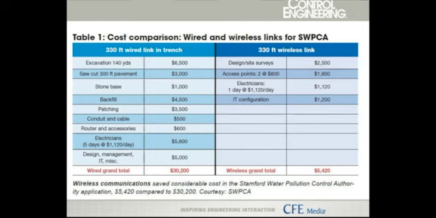For a 300-foot wired link in a trench, which had to go beneath various surfaces, landscaped lawns, parking lots, and sidewalks, the cost was $30,200, and that's a conservative figure. On the other hand, putting up a wireless link across the same distance was $5,420, or roughly 75% less.